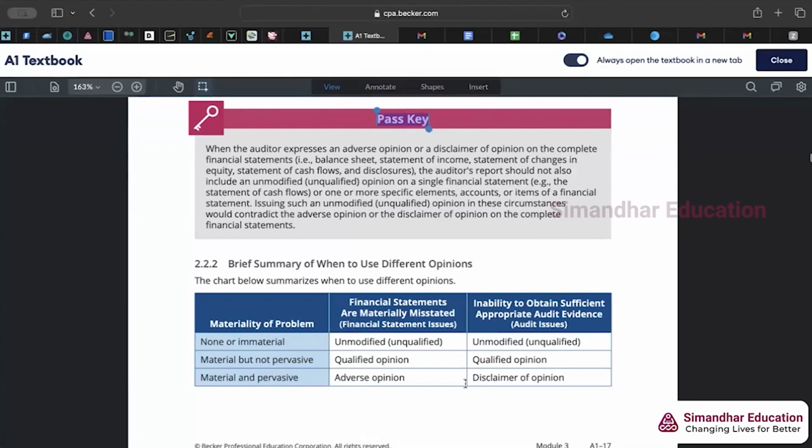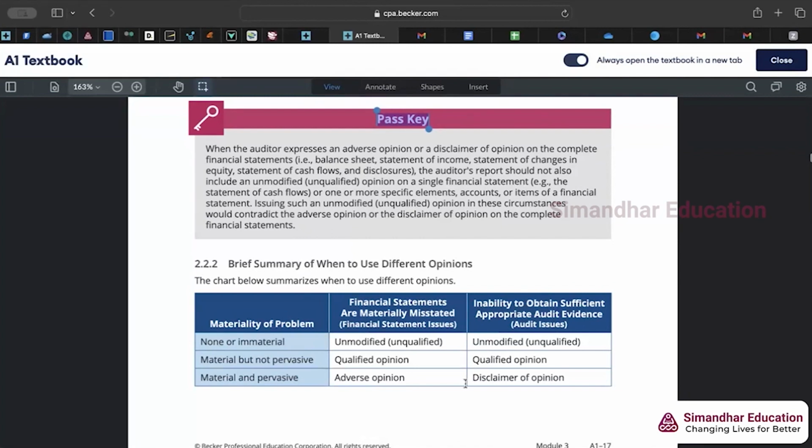It is just giving the users additional understanding of certain elements of the financial statements, making sure that they are aware. It goes in emphasis of matter paragraph or explanatory paragraph.